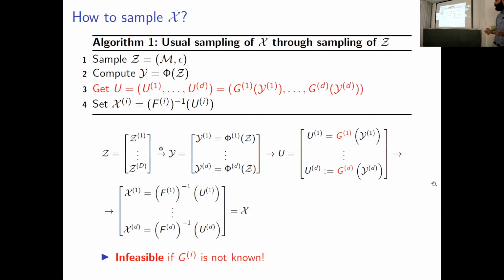So what is the problem here? The problem is that I don't have access to G. G is not something that will be known, because I may construct a model where it's hard to find out what G is. In my example, if M is skew-t and epsilon is t, I may be in trouble, right? So that's the kind of problem that we're going to deal with.